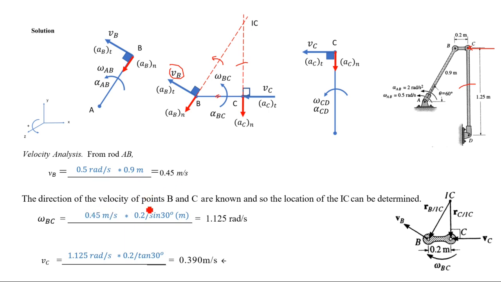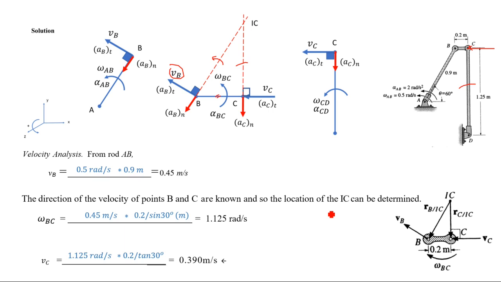The direction of the velocity at the points B and C are known, and so the location of the IC can be determined. And from that, I can find the omega of the BC. So you can see how we found this one. Simply, we first divided the 0.45 by 0.2 multiplied by 0.2 divided by the sine 30, and we're going to find the value is going to be 1.125 radian per second.